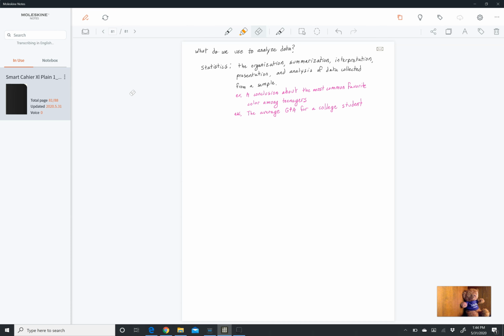They would be parameters if we asked every college student in the world what their GPA is. Okay, so here it's called a statistic because maybe we're only asking a sample of teenagers or we're only asking a sample of college students. It would be called a parameter if we were asking every teenager and we had data from every teenager.